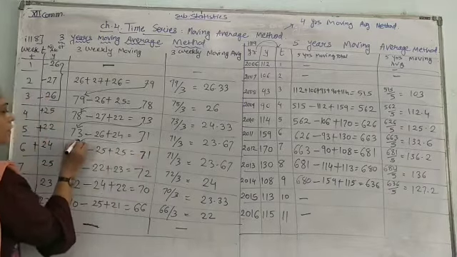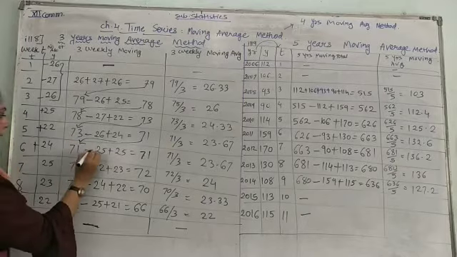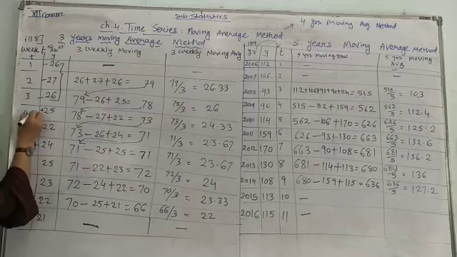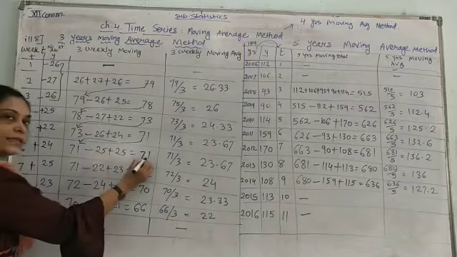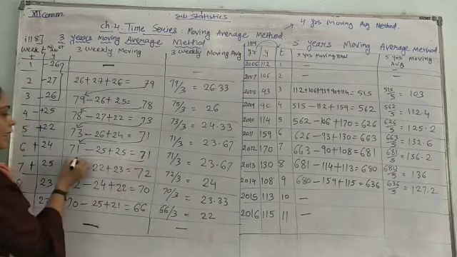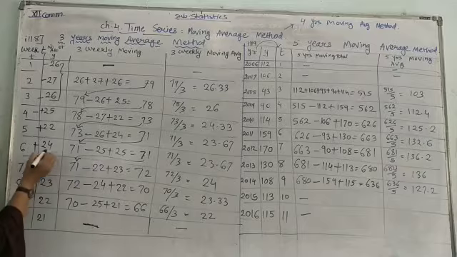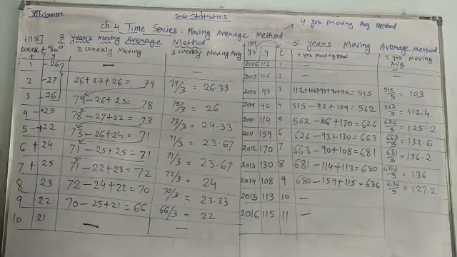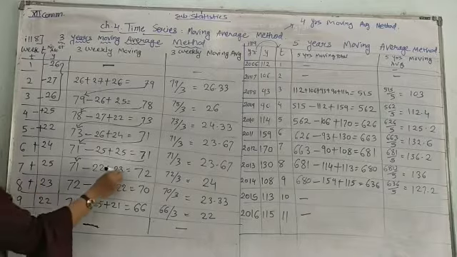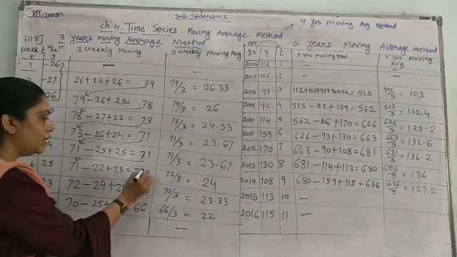Again come down 71, minus 25 and plus 25. Answer will be 71. Again come down 71. Now minus 22 and 23 will be plus. So answer would be 72.